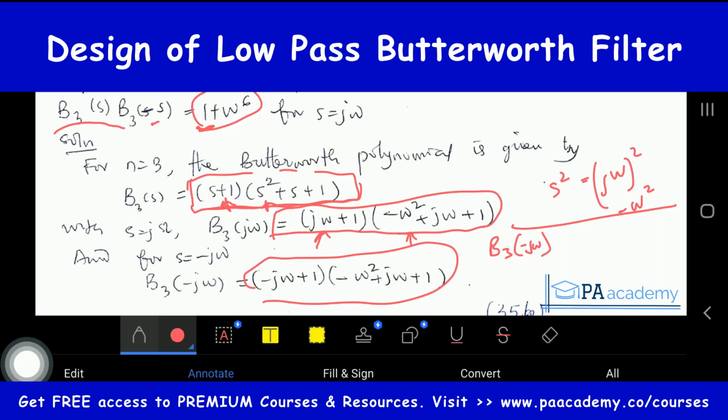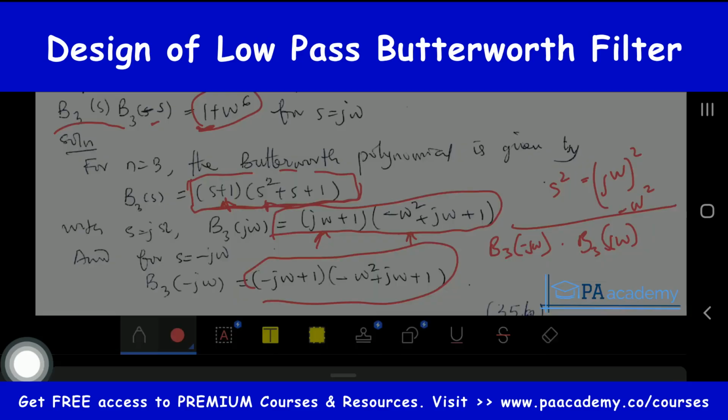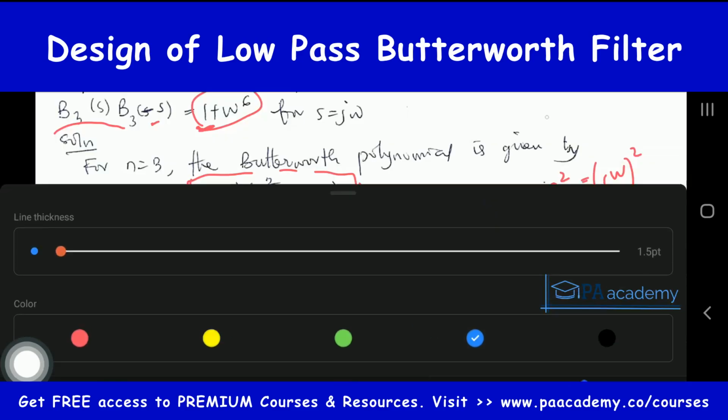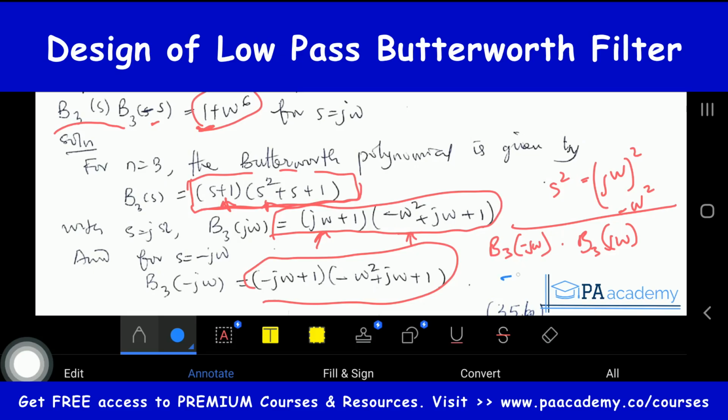What we are going to do is just multiply these two values. If you do that correctly, you are going to get that value, that's 1 plus omega raised to power 6.